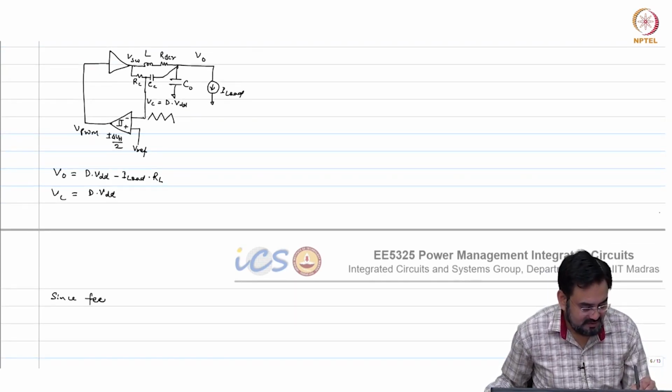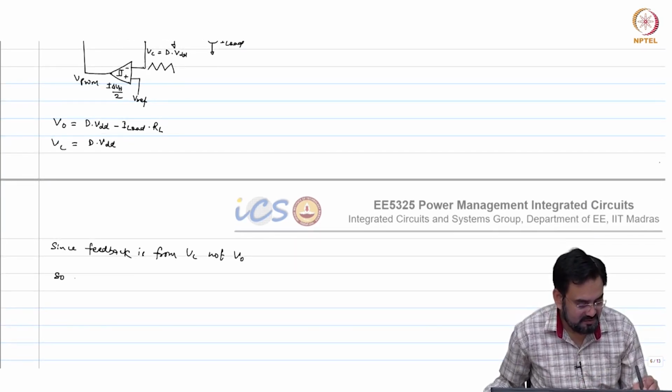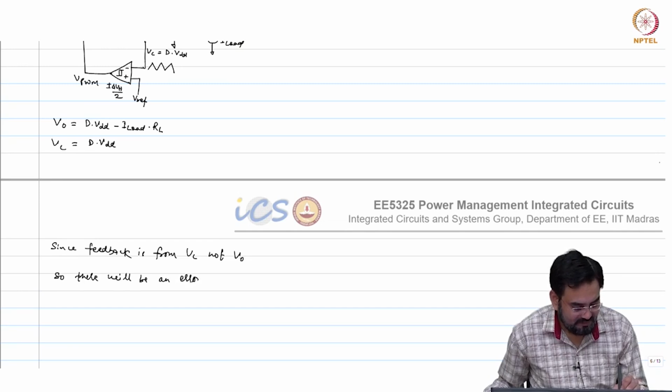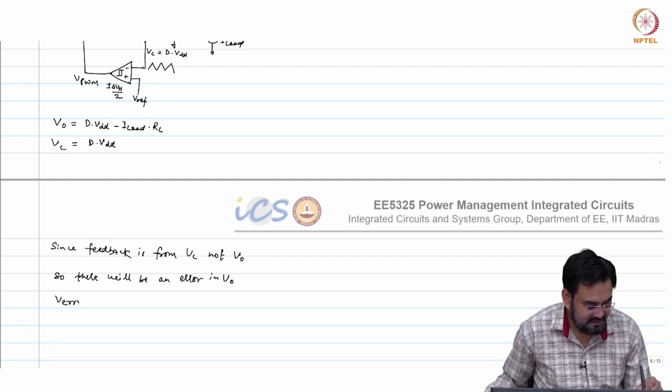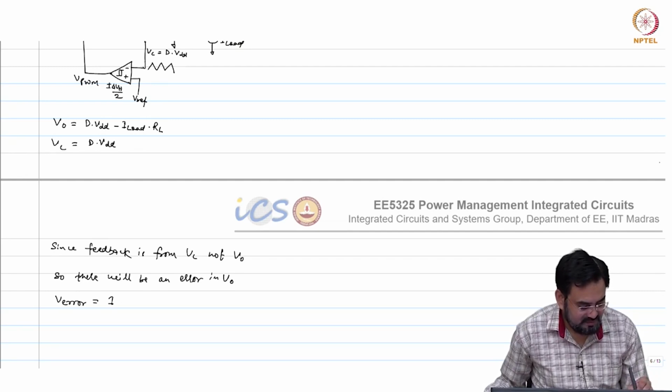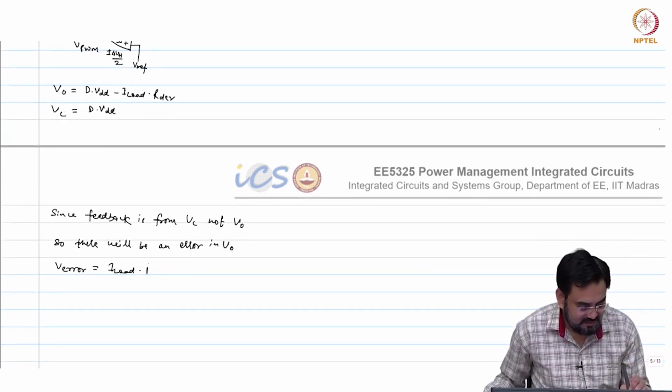Since feedback is from VC, not V out, there will be an error: V error equal to I load into not RL, it's RDCR.